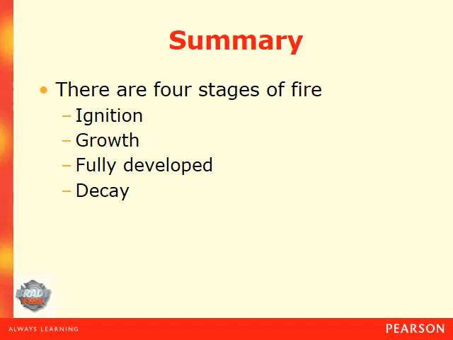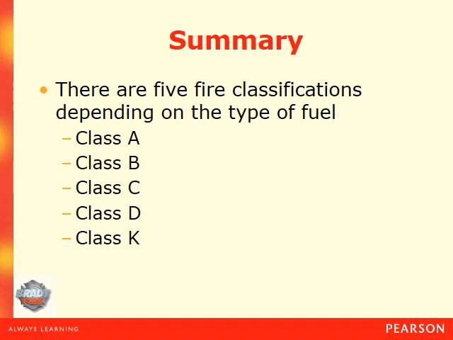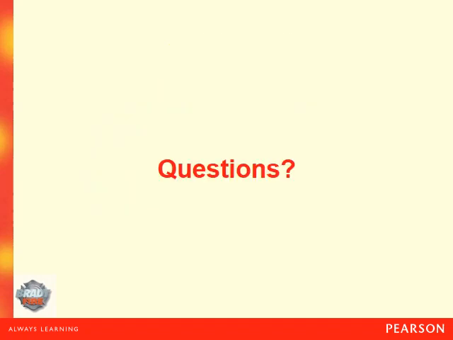In that developed stage, you have that flashover stage, or point, I should say. And then you have the decay, where everything is consumed and now the fire reduces in size. Remember the different types of fire classification: A, B, C, D, and K, and what methods are used to extinguish each.